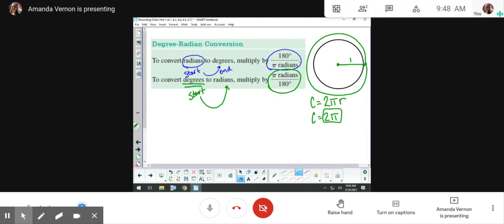That means that if I would have stopped here at 180 degrees or halfway around the circle, I would have been half of 2 pi. Therefore, 180 degrees is equivalent to pi radians, which is why we say that our unit conversion is 180 degrees over pi radians.